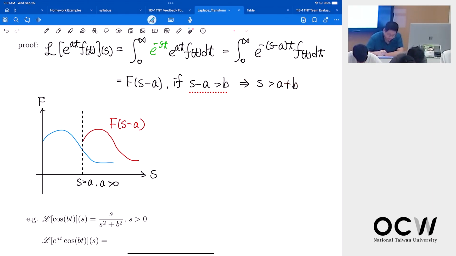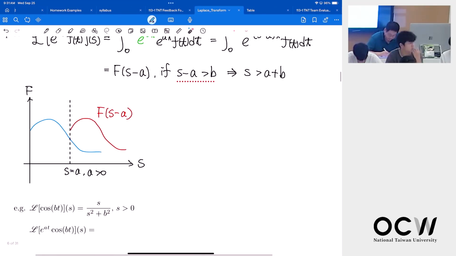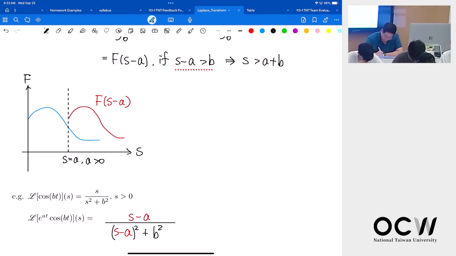You don't have to do that since you know the shifting theorem. Here, if you multiply by e to the at, your s will shift by a. That means your s becomes s minus a. So here we have (s minus a) over ((s minus a) squared plus b squared).